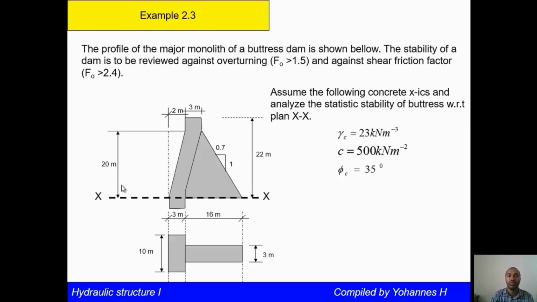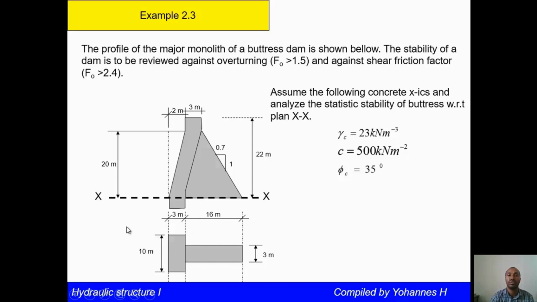The profile of a major monolith of a buttress dam is shown below. The stability of the dam is to be reviewed against overturning, where F naught must be more than 1.5, and against shear friction, more than 2.4. This is the section of the buttress dam, and you have the dimensions of a single buttress. You will check this and analyze.